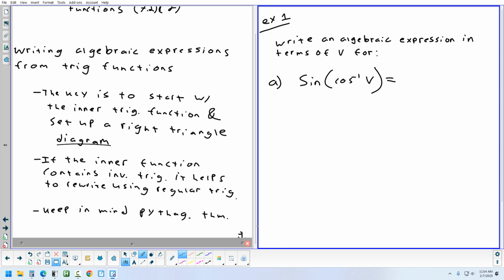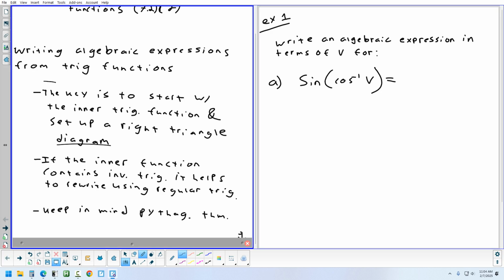So when we're done, we're not going to have any trig left in the problem. We're going to convert it purely into something that's algebraic. Okay, so first thing it says is to start with the inner trig function. So for now, forget about sine. We'll come back to that at the very end. Okay, let's start with the inner trig function.